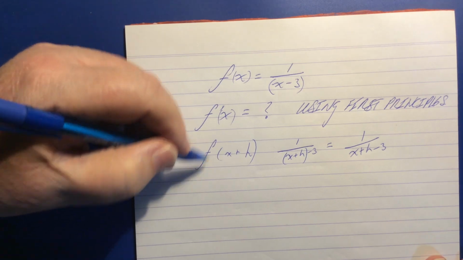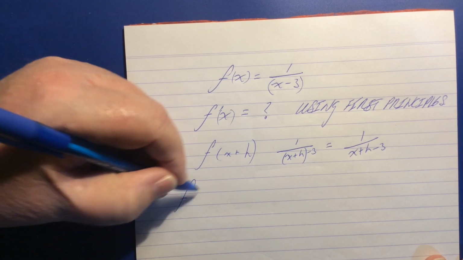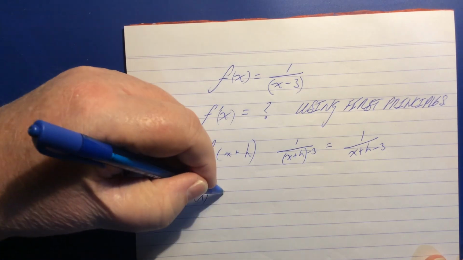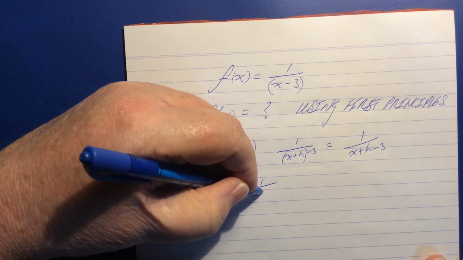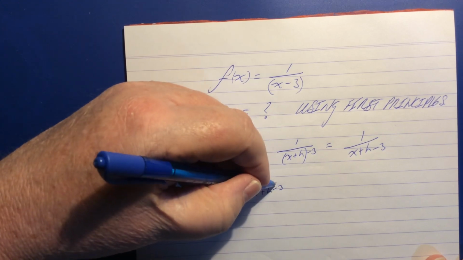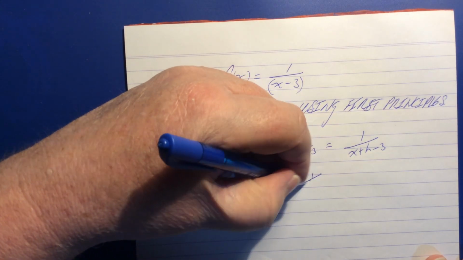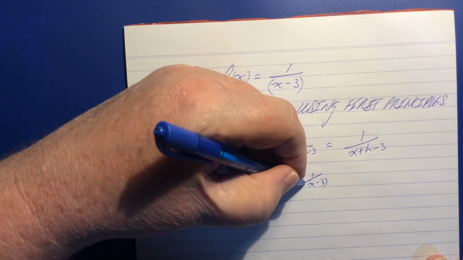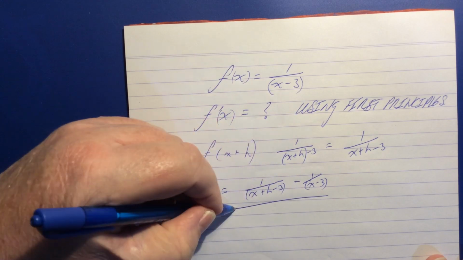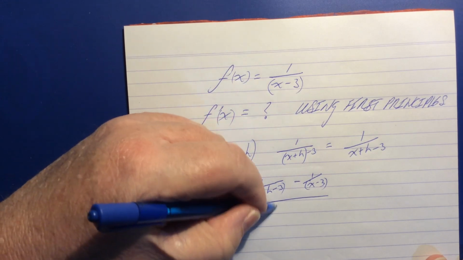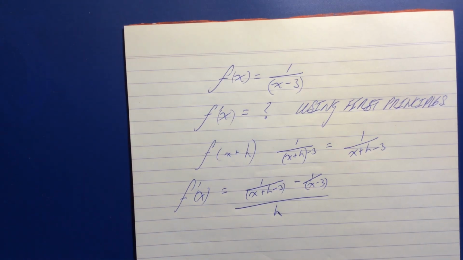So, f dash x is going to equal 1 over x plus h minus 3 minus 1 over x minus 3. We'll put a bracket around those, all over h, as of course h tends to 0 with its limit.